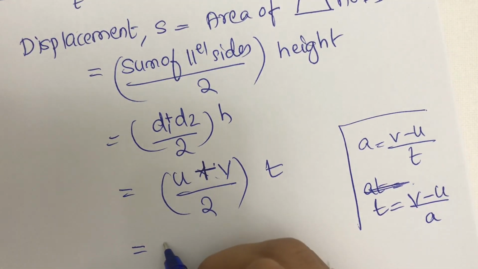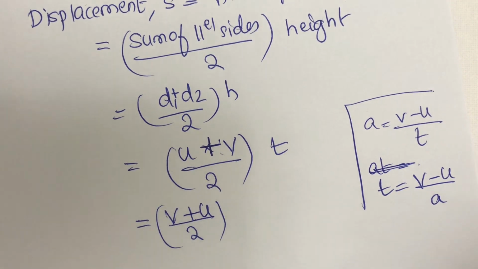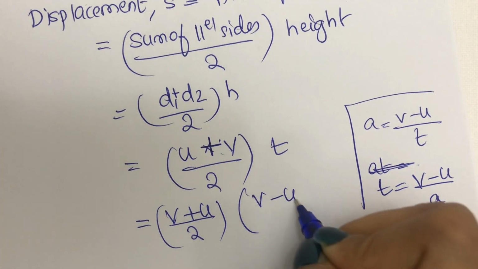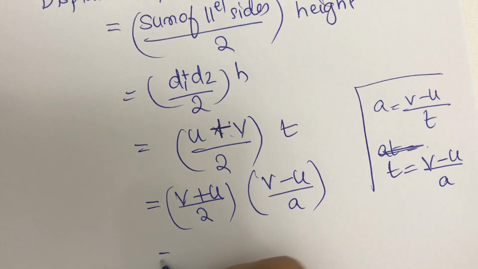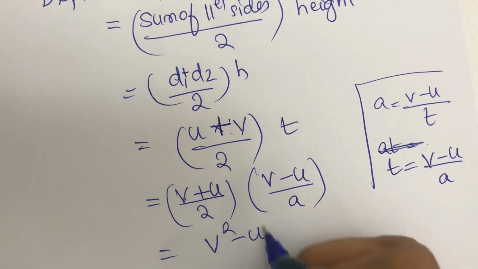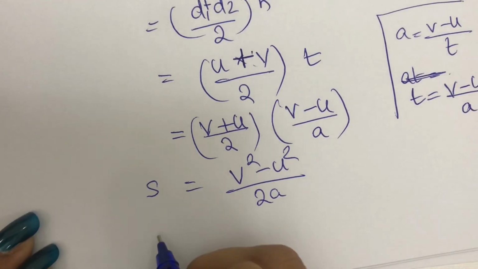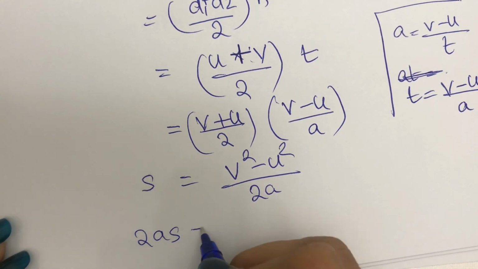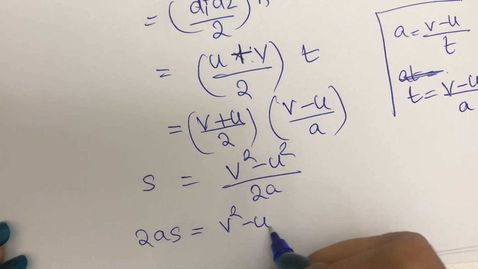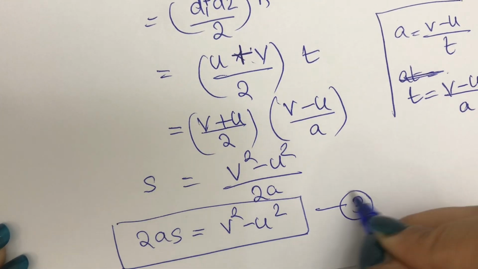So this is (v plus u) by 2 into (v minus u) by a. So it will be (v plus u) into (v minus u), v square minus u square by 2a. This is our displacement. So 2as equals v square minus u square. This is our third equation of motion.